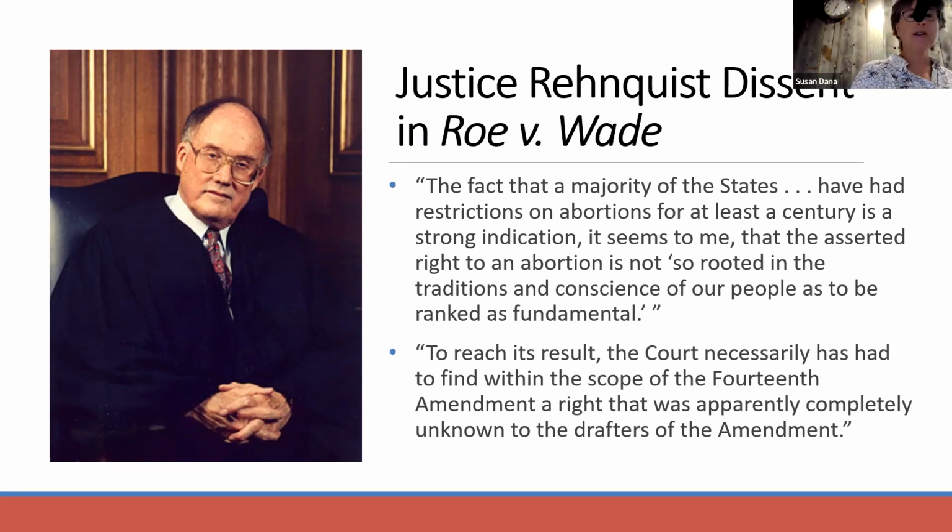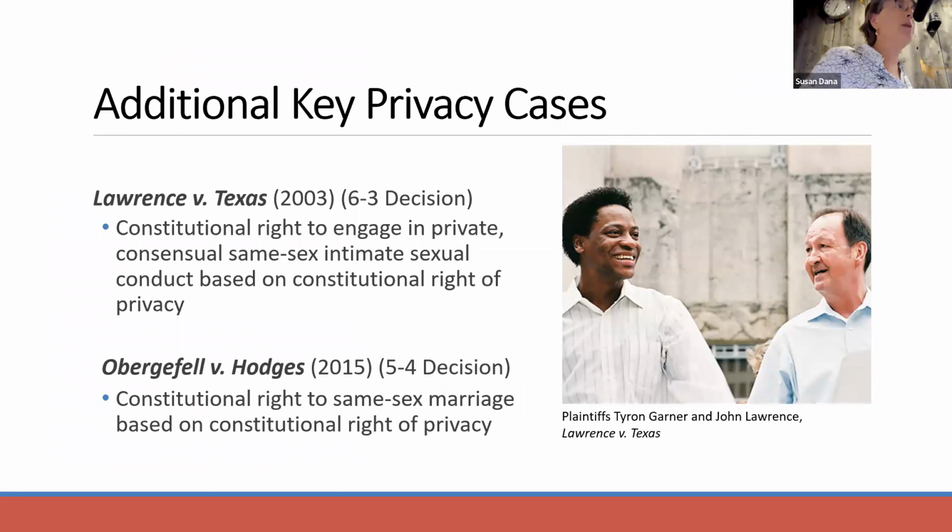So there are several more privacy cases. You may well remember these. There's Lawrence versus Texas, which found a constitutional right to engage in same-sex intimate sexual conduct among consenting adults. That the court found was constitutionally protected under the right of privacy that is implied in the 14th Amendment. And Obergefell versus Hodges, which is the gay marriage case, which said the same thing.